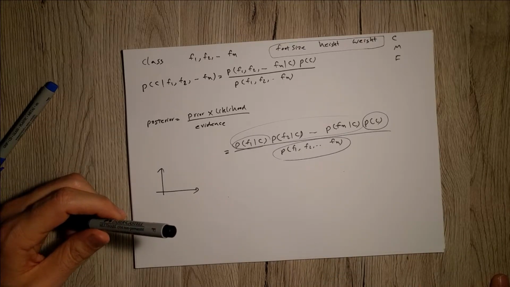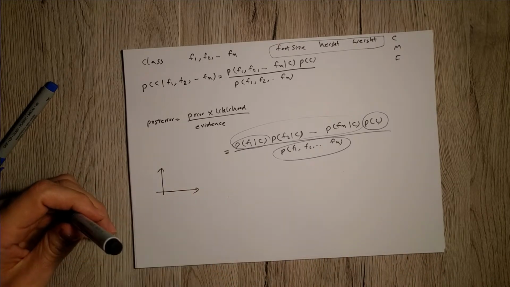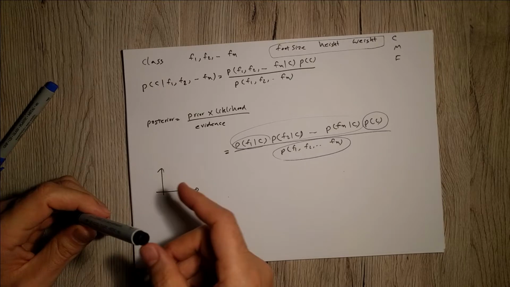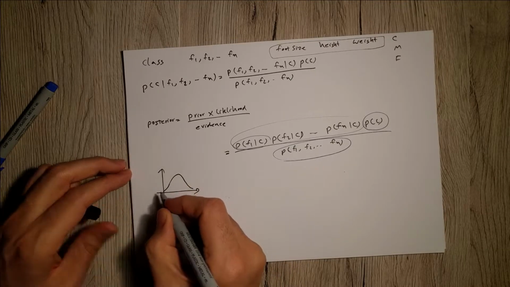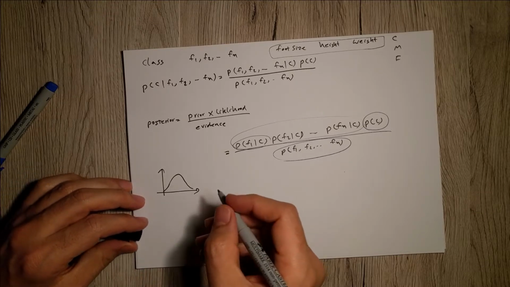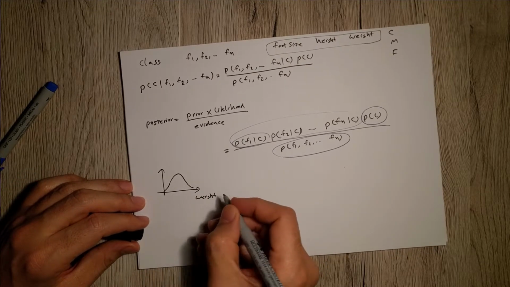The foot size has some normal distribution peak, and we compute the mean and variance, and we get something like this. For instance, let's say these are the weights for class male.